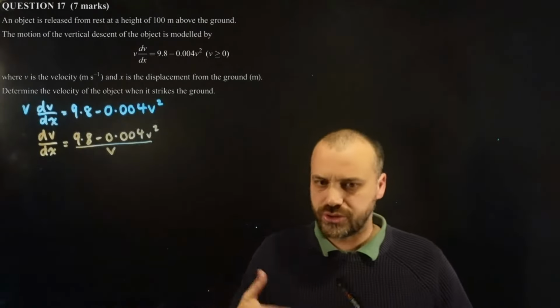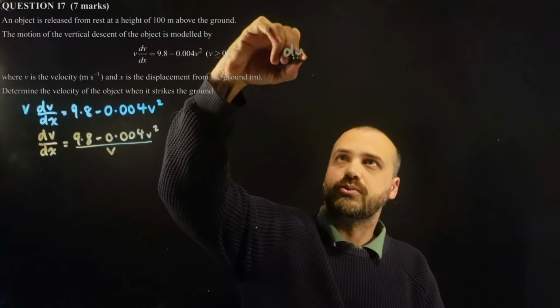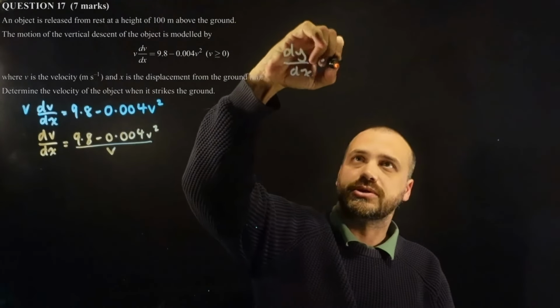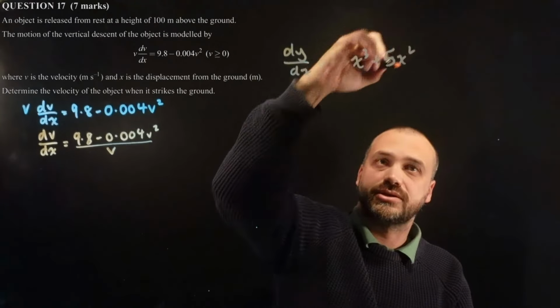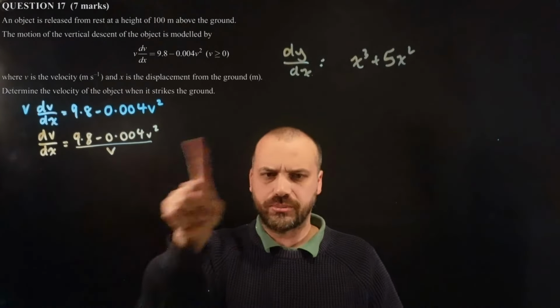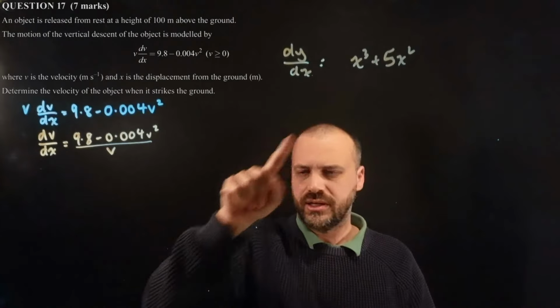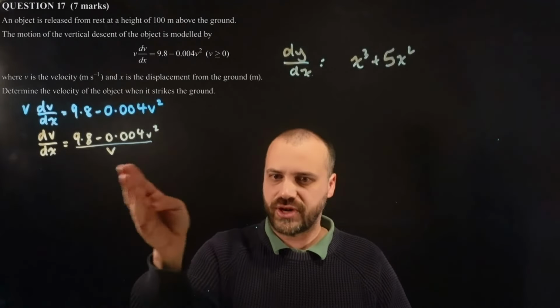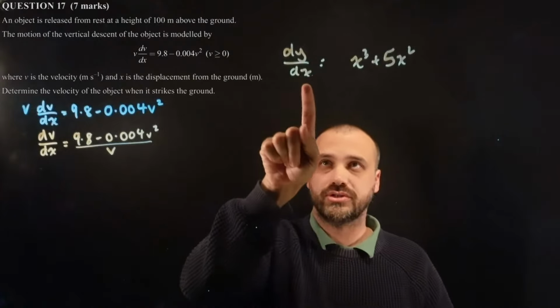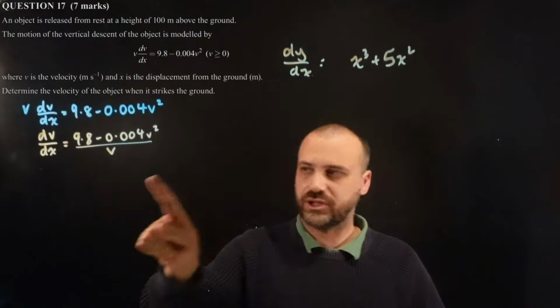Now, you're used to, in methods, having something like dy dx equals, and then something like x cubed plus 5x squared. This is not behaving like this, right? Because the v is on the top, but here, the v is in the function. Here, the y is on the top and the x is on the bottom and the x is in the function.